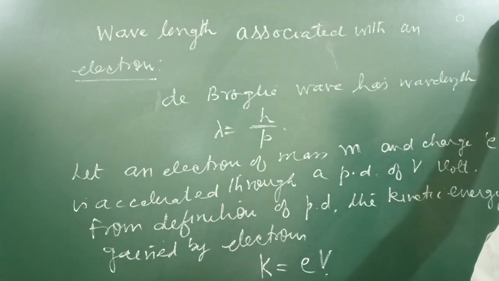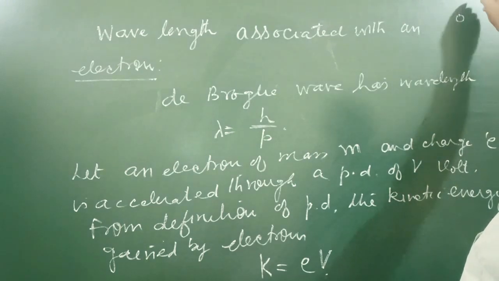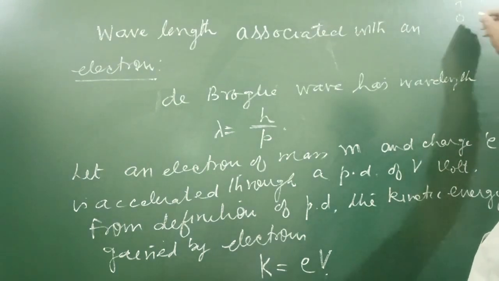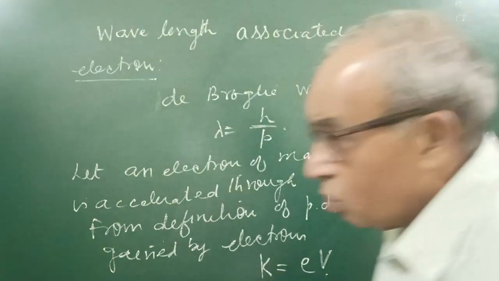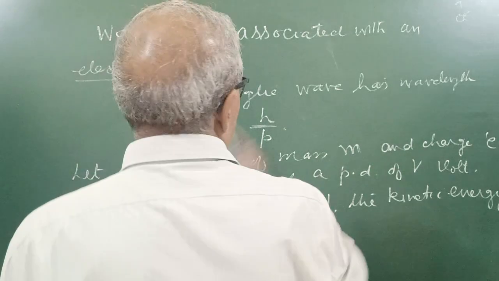Listen dear students, here V volt is positive or negative; the electron is released from here, it will gain energy. Then kinetic energy equals eV.